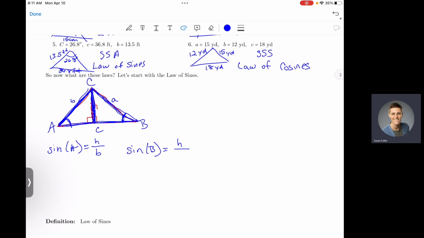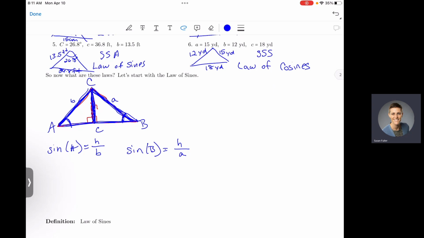The hypotenuse of this right triangle here is this one here, which is a. So the sine of angle A is equal to h over b, and the sine of angle B is equal to h over a.